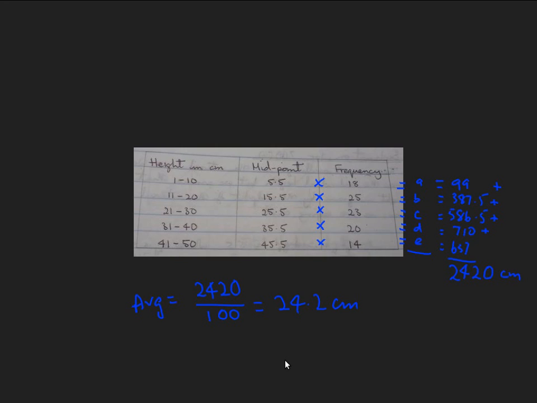And finally, for part 4, we want to calculate the probability that a seedling chosen at random has a height that is greater than 30 centimeters. So let's clear this. Now, if a height has to be greater than 30 centimeters, then it has to lie in either this interval or this interval, because this interval contains heights between 31 to 40, so that's greater than 30, or this interval 41 to 50, because these heights are greater than 30 as well.